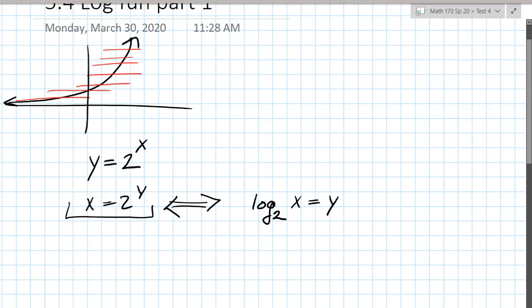In order to rewrite this in this form, we have log base 2. If I do 2 to the y equals x, so you have 2 to the y equals x, this allows me to solve for y, or solve for my exponent.